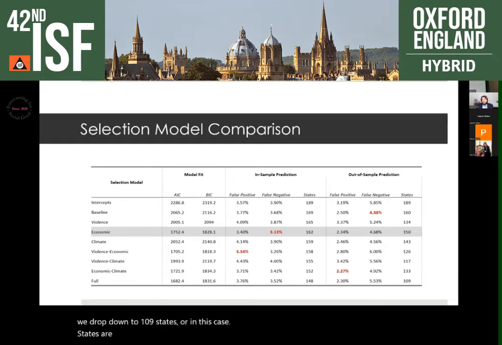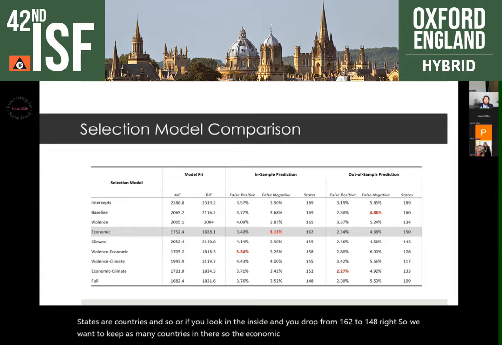Or if you look in-sample, you drop from 162 to 148, right? So we want to keep as many countries in there. The economic model does quite well across the board, so we're going to stick with that relatively simple model. In this case, GDP and GDP growth is a good predictor of whether or not we have a displacement event.